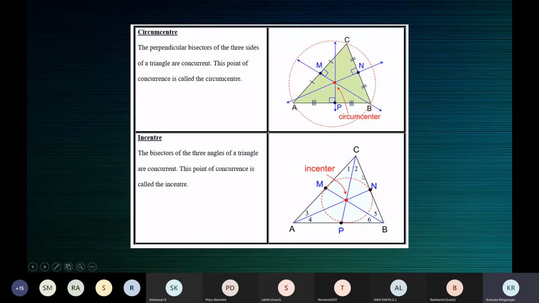If it is 50 degrees, it will be 25, 25. Similarly, when you join the incenter to vertex A, the angle there will be bisected. Remember this property. Again, when you join the incenter to the vertex B, the angle at B is bisected, because the line that connects the incenter to any of the three vertices is the angular bisector.